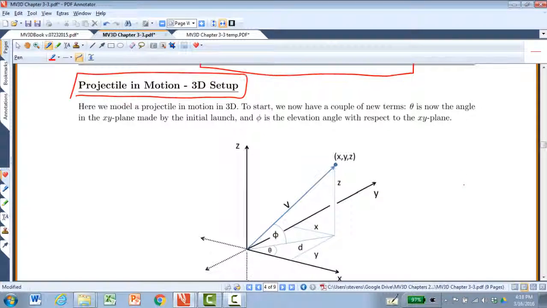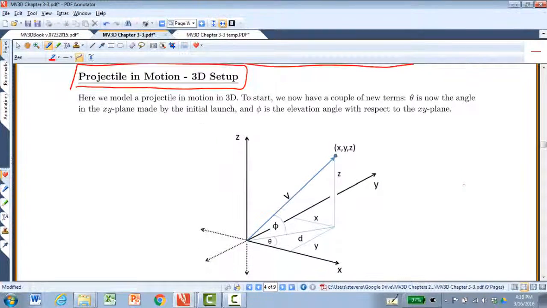And so this is what our projectile looks like in terms of the coordinate axes. We have x and y. This x and y plane now determines where in sort of a field, a two-dimensional field, the projectile can land. Right? And z is now the height, so z equals the height.